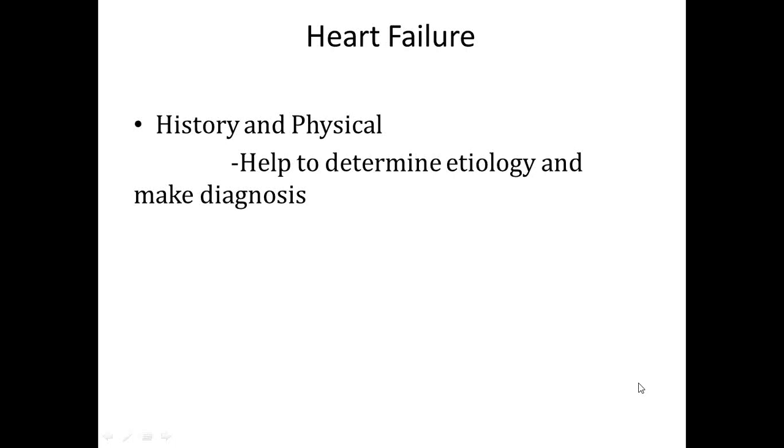we essentially look at biomarkers, and as we pointed out, these biomarkers help to make the diagnosis, and they help also in prognostication.